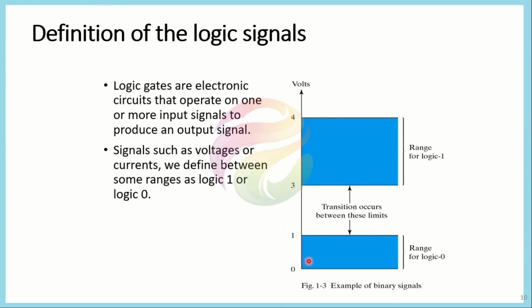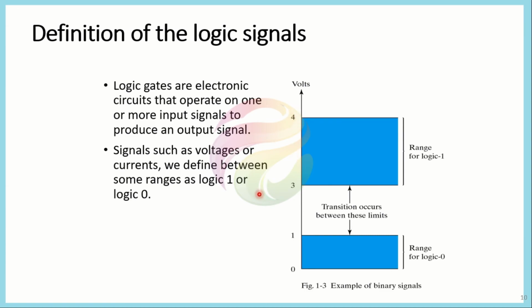Any value between 0 to 1 volt will be named as logic 0, while any value between 3 to 4 or 3 to 5 volts will be named as the logic level 1. Because we have put specific values here, a minimum value of 0 volt and a maximum value of 1 volt for our logic level 0, and similarly for the logic level 1 we have a minimum value of 3 volt and a maximum value of 4 volt.